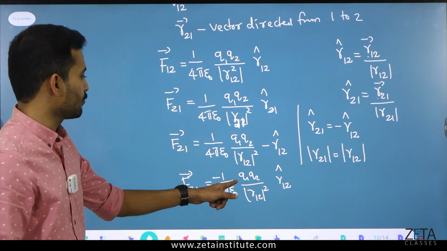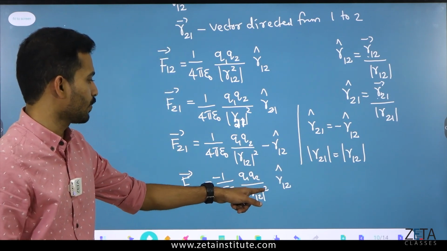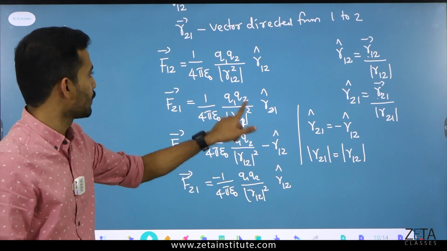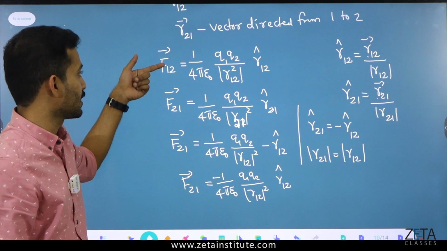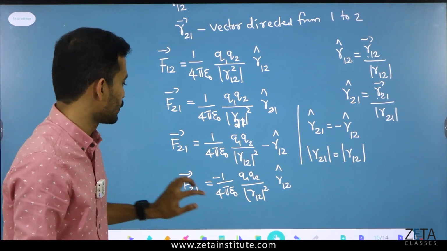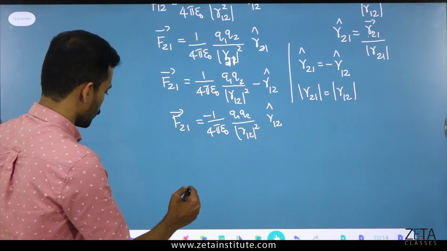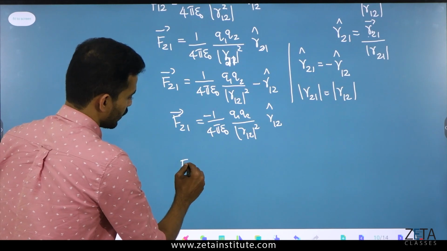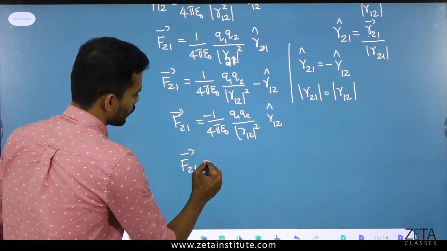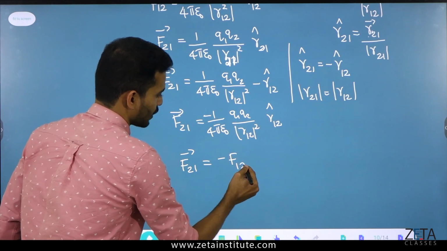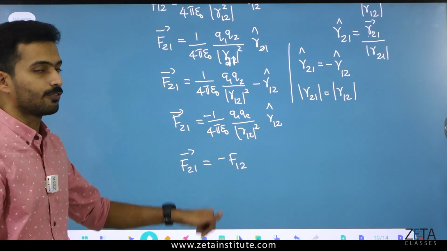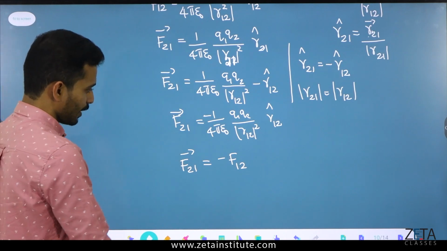So the vector F21 is equal to 1 by 4 pi epsilon 0 Q1 Q2 by R12 square, the minus comes to this side, then the remaining is R12 cap. And 1 by 4 pi epsilon 0 Q1 Q2 by R12 square R12 cap is equal to the force acting on the first charge due to the second charge, that is F12. So F21 is equal to minus of F12.